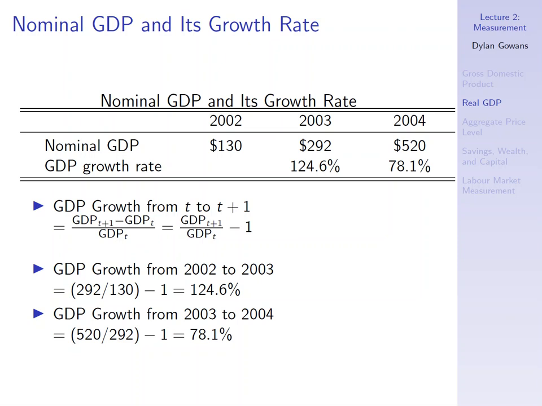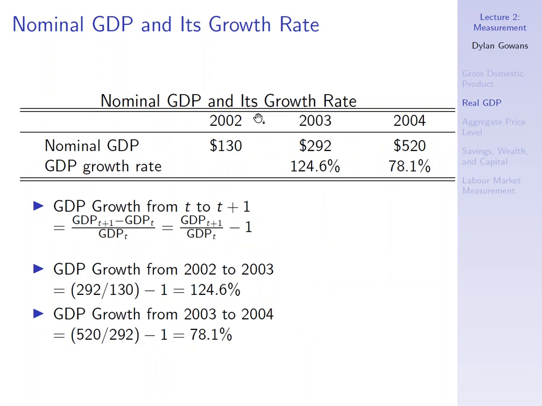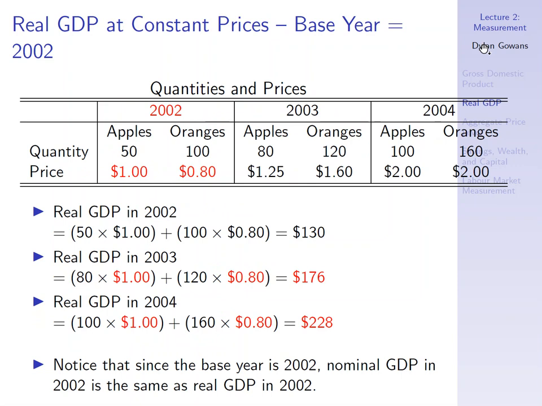And this is the case even though, going back, you can see that the amount produced did not more than double for these goods. A growth rate of 100% would mean that production doubled. Evidently the production did not double, so the reason this growth rate is so high is because prices also changed substantially. Likewise between 2003 and 2004.